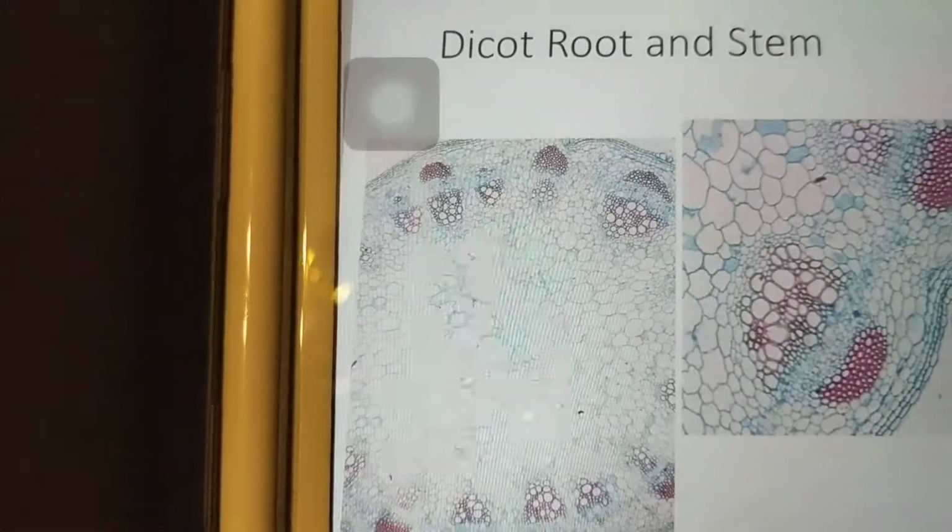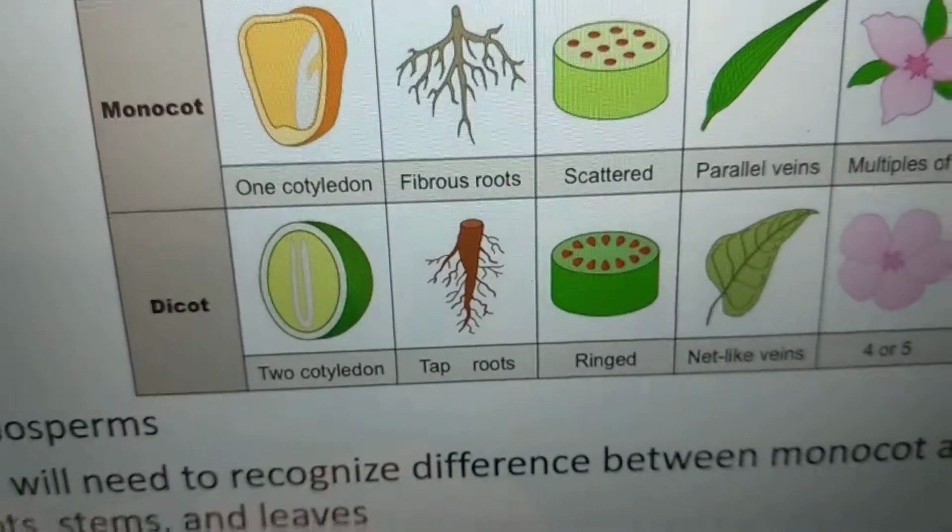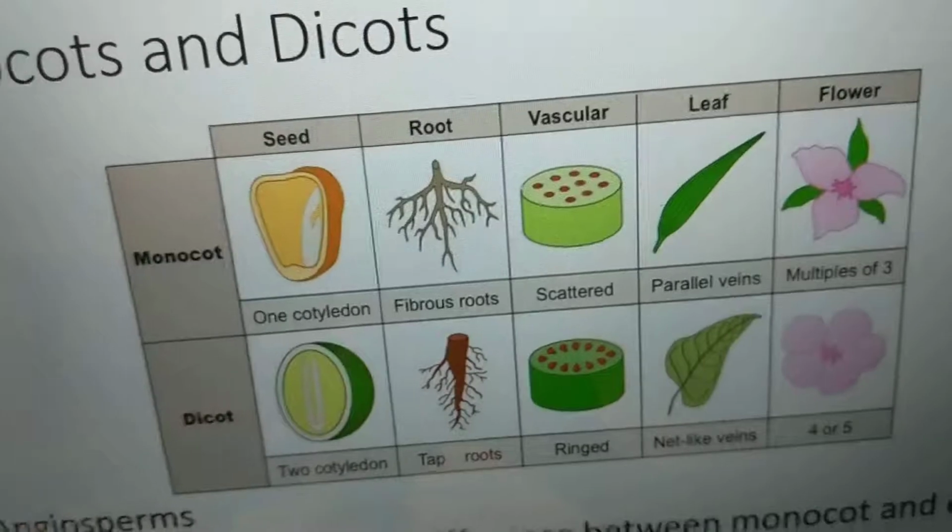This is a cross section of a stem. There's no arrangement. Whereas in a dicot, they're right here in a ring. Not perfect, but you can tell it's a circle. And that's what it shows right here too. Circle for dicot, random for monocot.